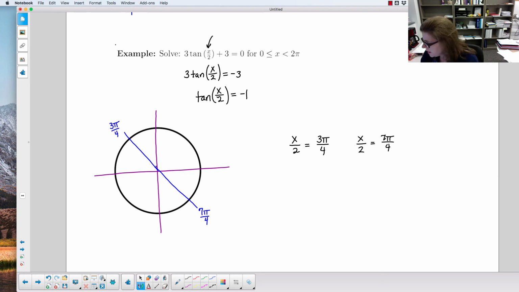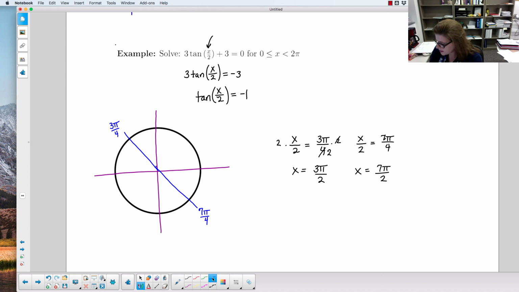Multiplying by 2 to finish, so that means x is equal to, if I multiply both sides by 2 here, I can simplify my denominator, and I get 3 pi over 2. Same story over here. That gives me x is equal to 7 pi over 2. All right, last step in these is to verify we're still within 0 to 2 pi.